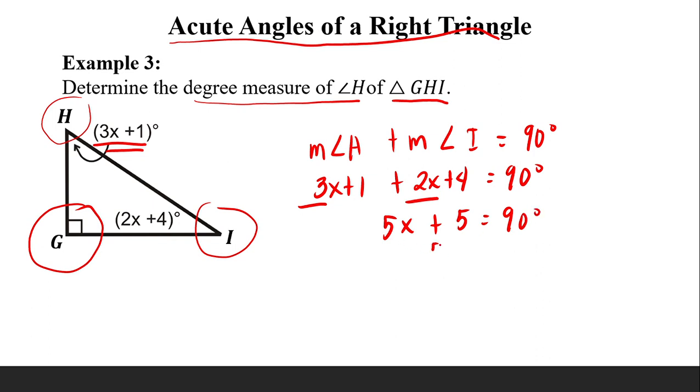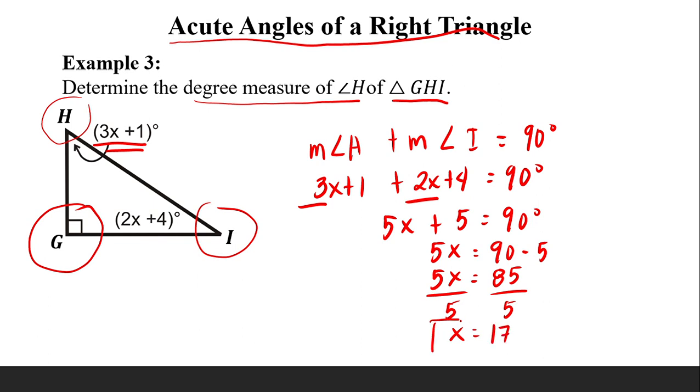Then retain 5x is equal to 90 minus 5 by the subtraction property of equality. So 5x is equal to 85. Then divide both sides by 5, so x is equal to 85 divided by 5, and that is 17.